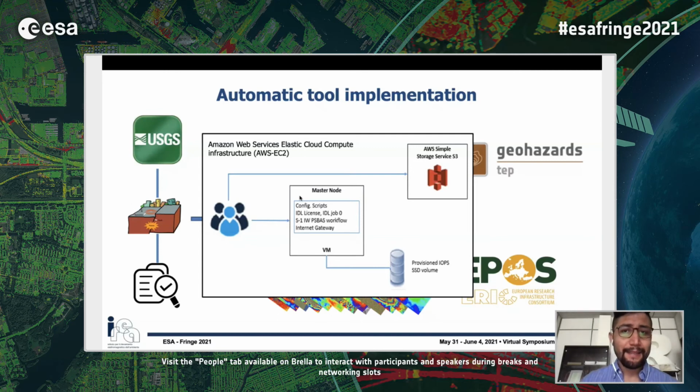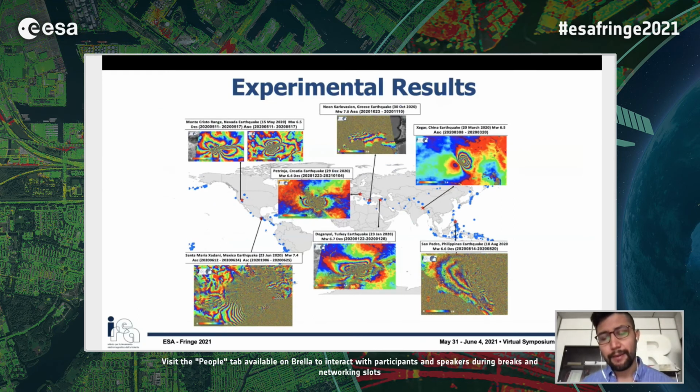So these are some experimental results. We have generated a lot of interferograms, so a lot of line-of-sight displacement maps in different areas of the world.